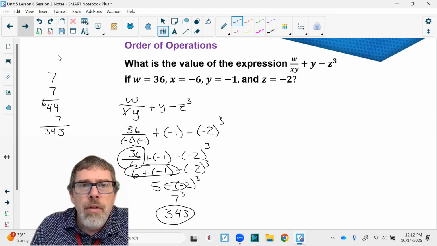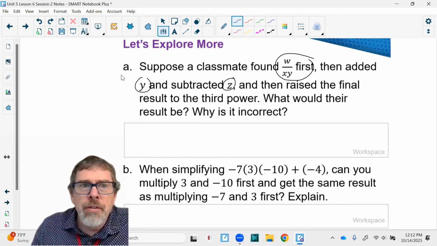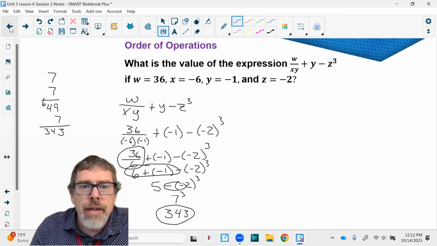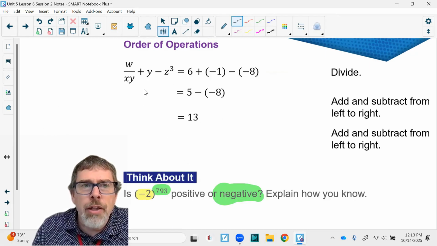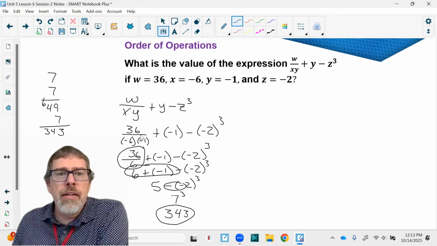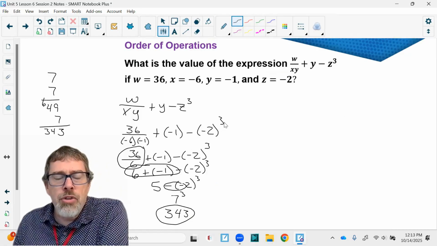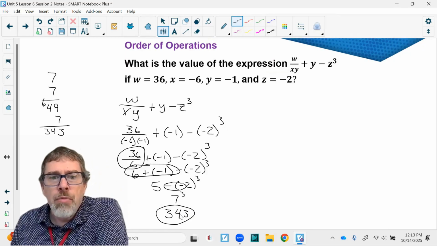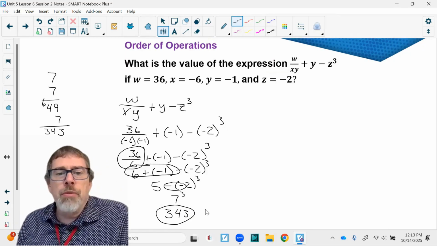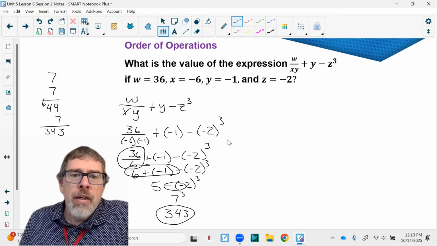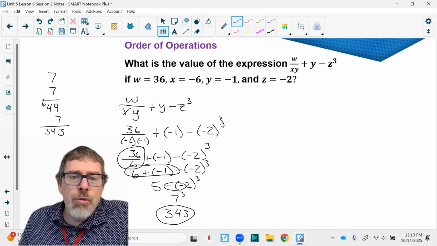Okay. So this says what would be the result and why is it incorrect? Okay. So we should have gotten 13. But if we did it with this first and then this and then this, just going left to right, we got 343. The reason it's incorrect is when you have parentheses and a cubed value, that number is the only thing being cubed.